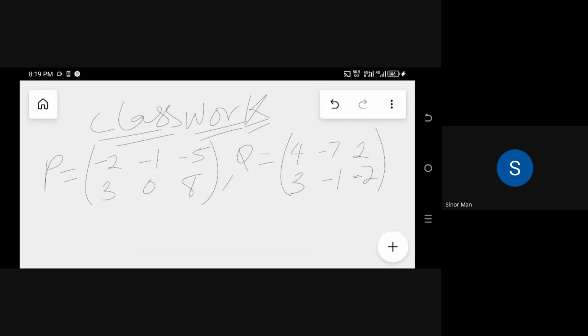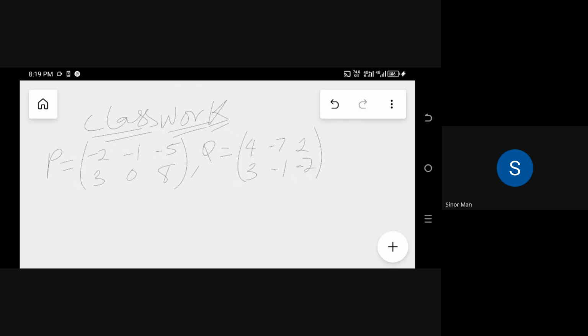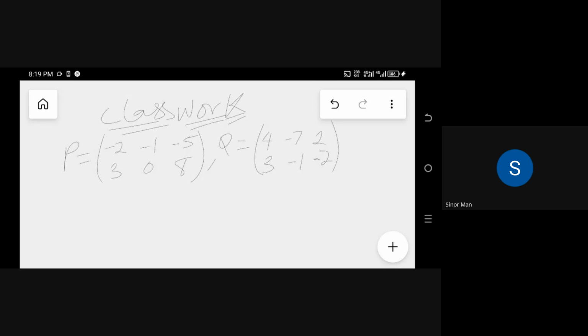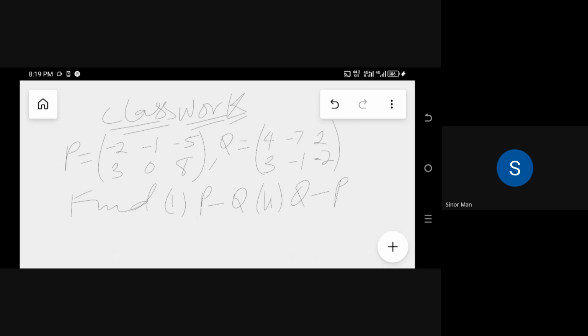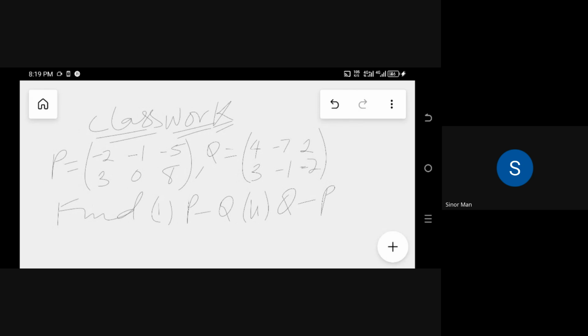So let's say we have this matrix P and matrix Q. I need you now to find P minus Q and Q minus P. So this is the classwork.